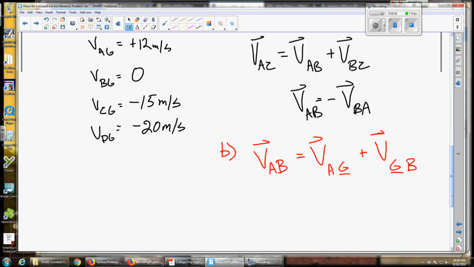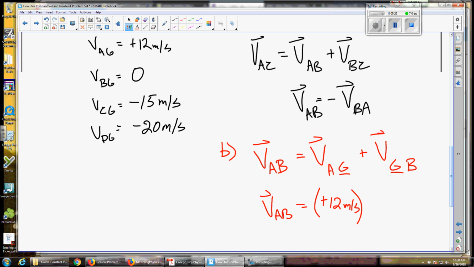And what I can do is now substitute in here. I know that's positive 12 meters per second. And I don't know the ground to car B, but I do know B to the ground is 0.